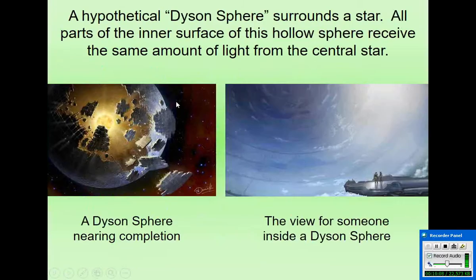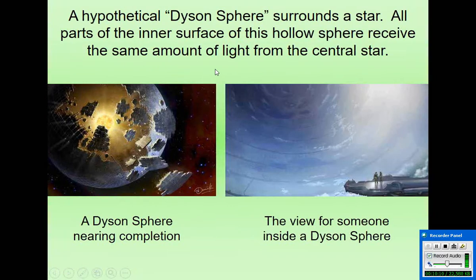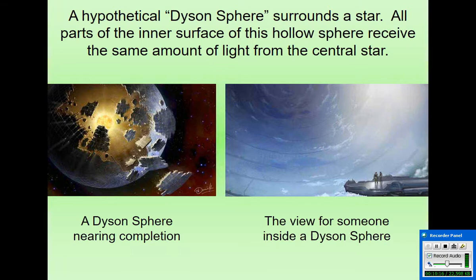There are some classic ideas. One of them is called a Dyson sphere. These are fanciful, hypothetical constructs, huge constructs, mega, giga, tera, peta, exa structures, just inconceivably gigantic because they surround a star. They're called Dyson spheres after a British physicist by the name of Freeman Dyson.